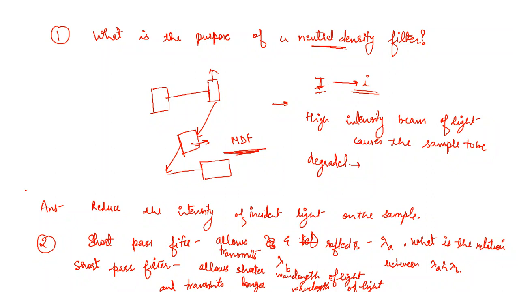So, if you have a collection of two beams, say lambda A and lambda B, you want to filter out any one of those, you can use a long pass filter or short pass filter. The second thing is, if you want to decrease the intensity of the light beam that must be incident on your sample, then you need to use a neutral density filter which does not filter according to the wavelength difference, but does not allow very high intensity of light to pass. It reduces or cuts off the intensity of the light beam. Okay.